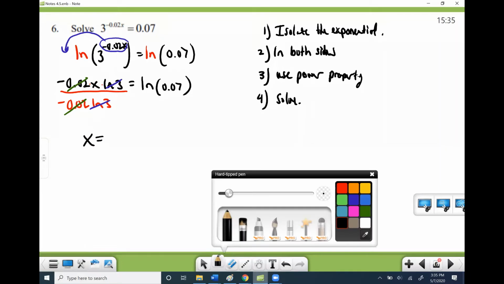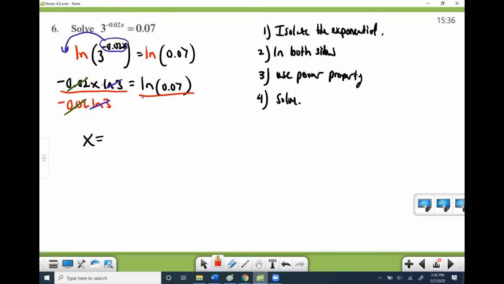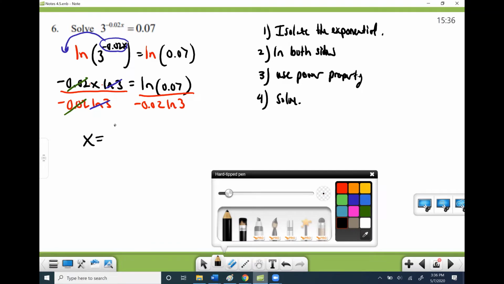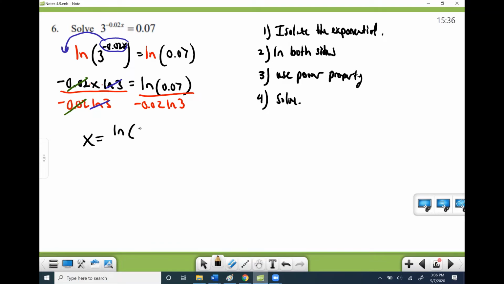But whatever I do to one side, I got to do to the other side too, right? To keep things equal. And there it is. It's kind of hideous. We're not used to our answers being this ugly, but that's what it is. And you can leave it like this. This is fine because this is exact.